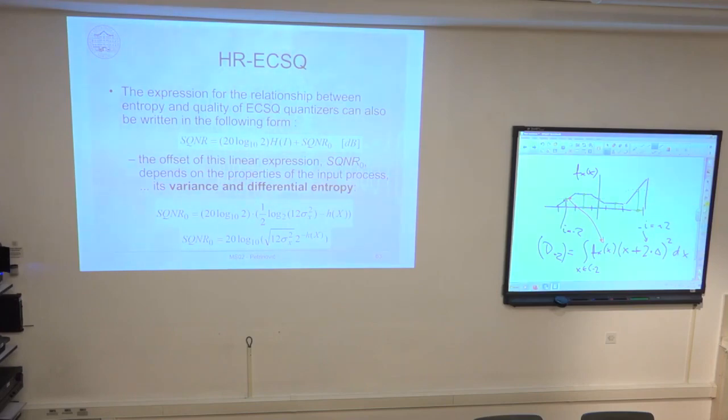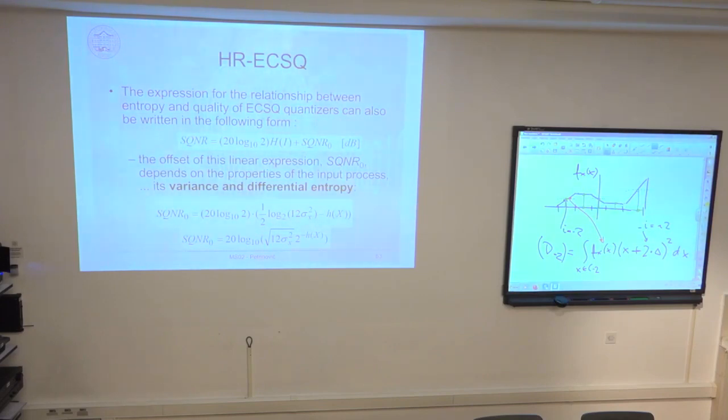If the process is a trivial process, like this uniform process, in that case, obviously this SQNR 0 must be 0. So what should we get? For our case, this must be cancelled because this is 1, 20 times logarithm base 10 of 1. Only then will we get the 0 dB offset.